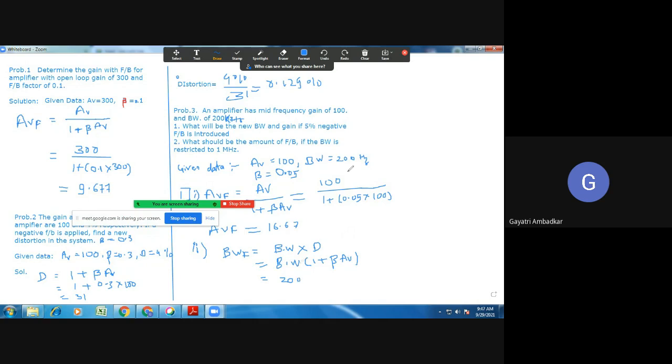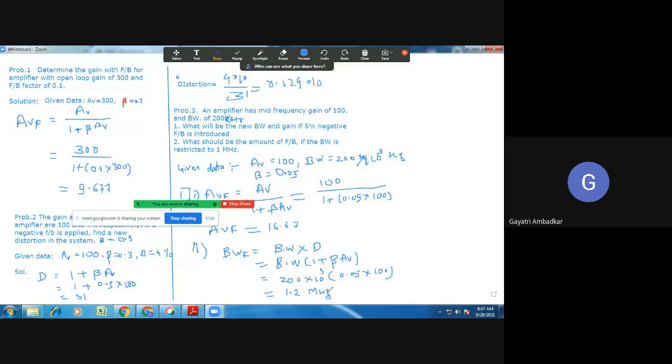So 200 into 10 raised to 3 hertz. And this factor you can find, 0.05 into 100. How much does it come? What's the answer? 12 into 10 raised to 5. 12 into 10 raised to 5 means 1.2 into 10 raised to 6, right? Means 1.2 megahertz. 10 raised to 6 means megahertz.